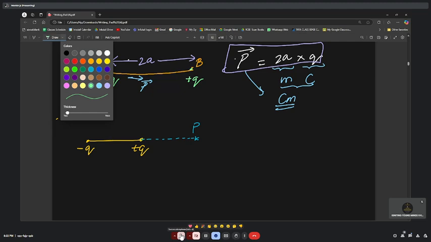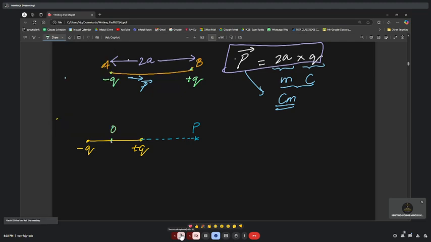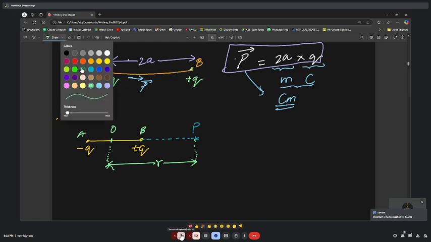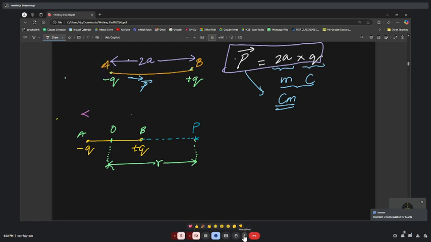I will call the distance from point P to the midpoint of the dipole R. I repeat, the distance from point P to the midpoint of the dipole is R. And the distance between the charges A and B is going to be 2A, so this length is 2A.